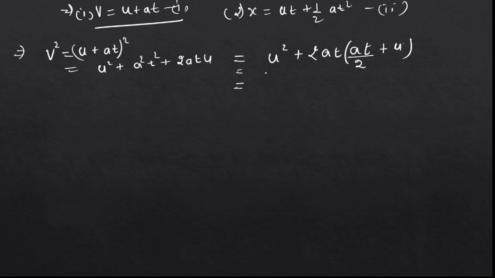So from here, see, here is t actually. So from here, it is the x. So this is our third equation of motion.